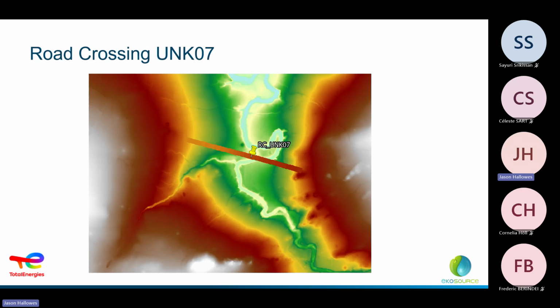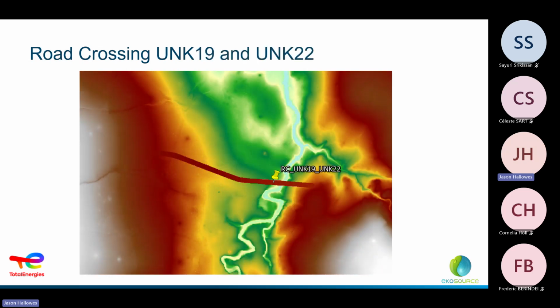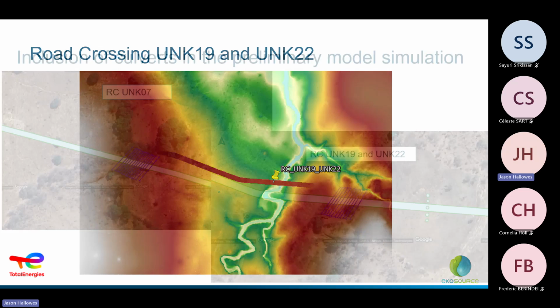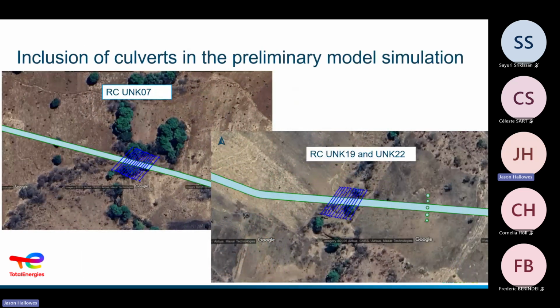We put structures in place over the roads. And again, these actually need to change because your profiles have changed on the roads. And then we put culverts in to see whether that could be handled. So there's culverts that are put on between those two particular sites.